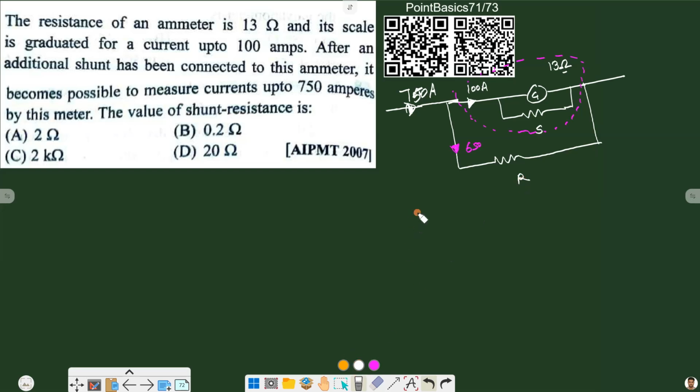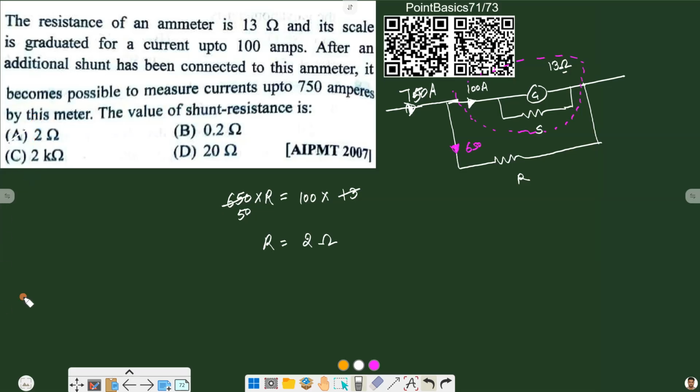As both of these are in parallel, we can compare the potential drop. The potential drop across this resistance R will be 650 into R. It should be equal to the current going through the internal resistance, that is 100, times the internal resistance of 13 ohm. So R comes out to be 1300 by 650, that is 2 ohm. Option A will be the right answer here.